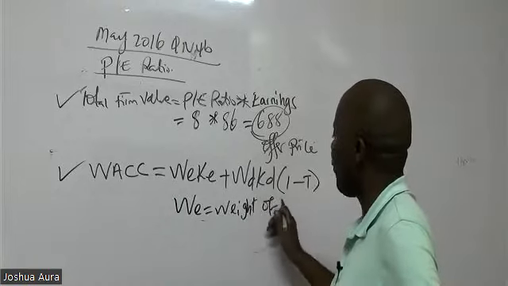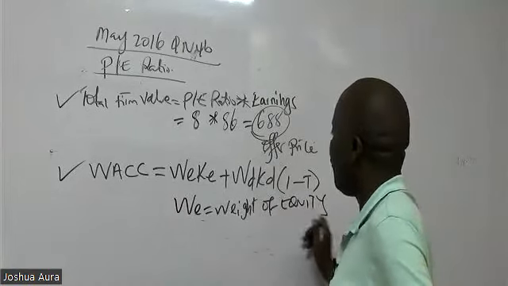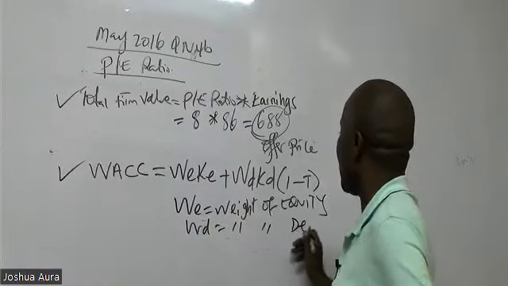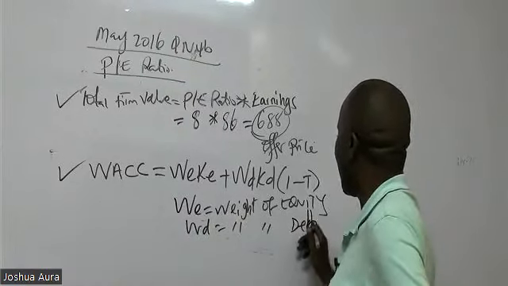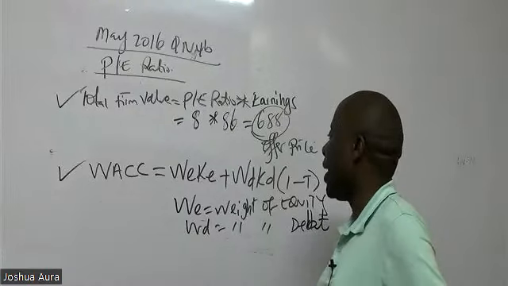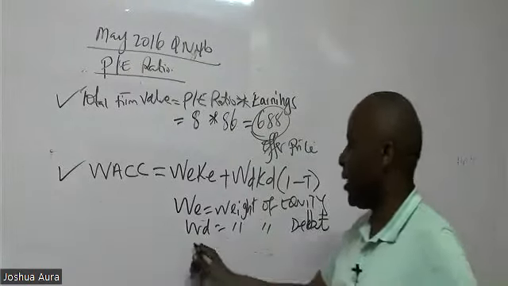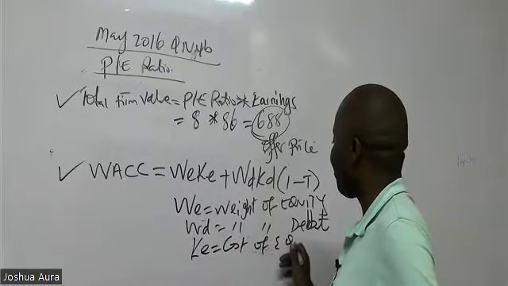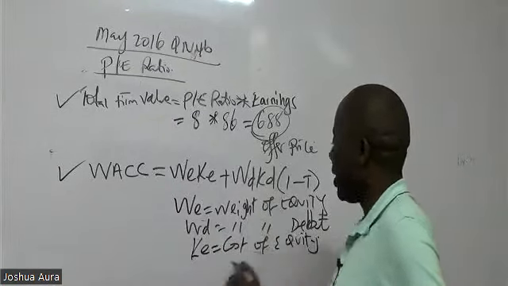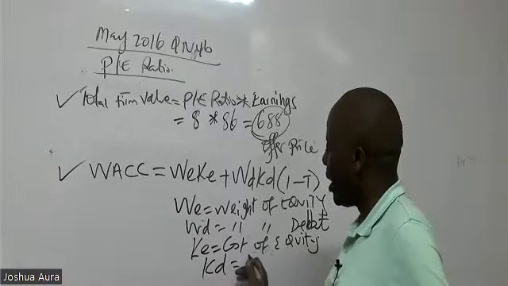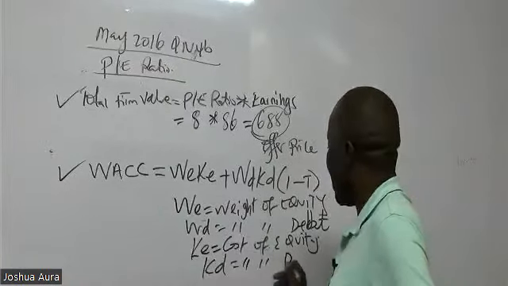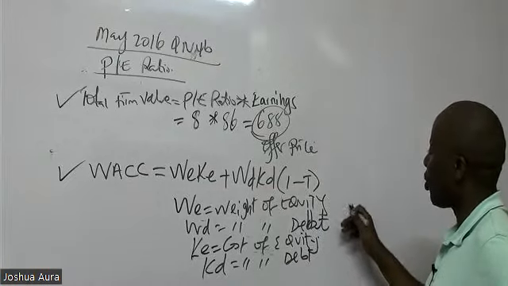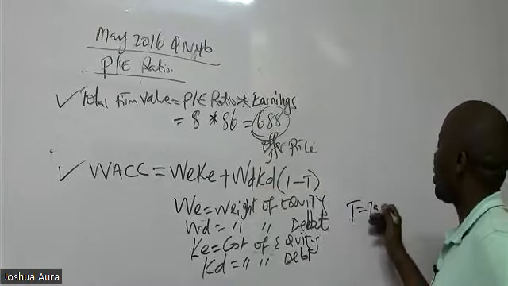WD is the weight of debt. KE is the cost of equity. KD is the cost of debt. And lastly, T is the tax rate.